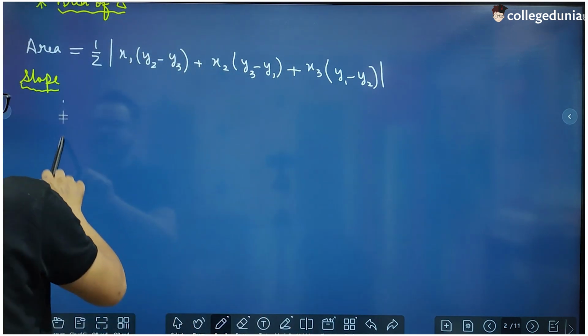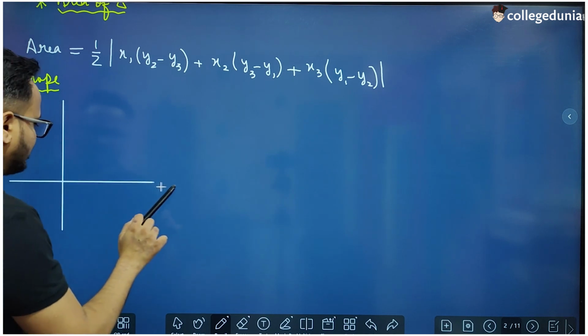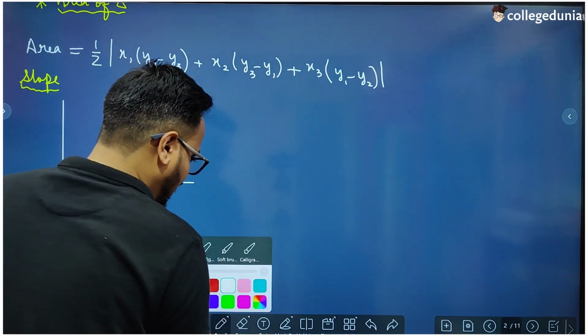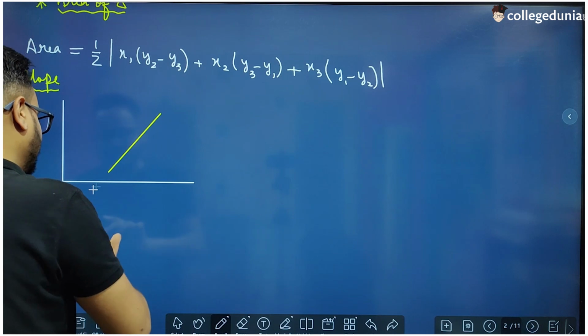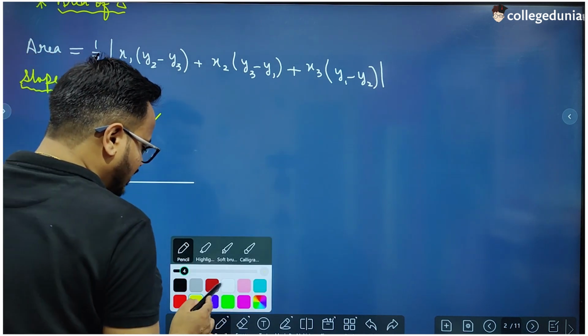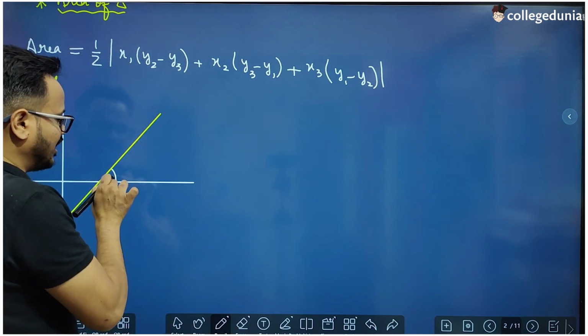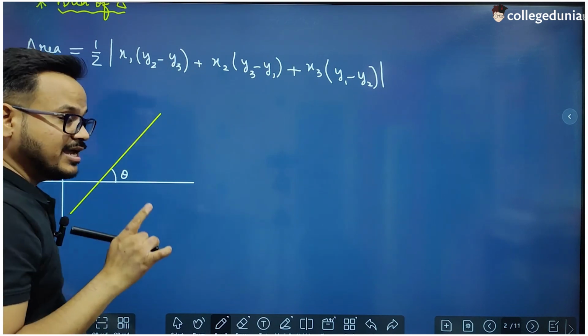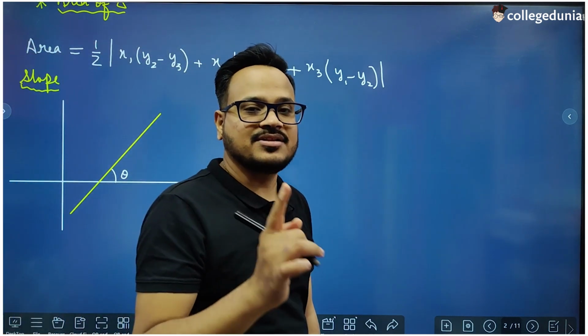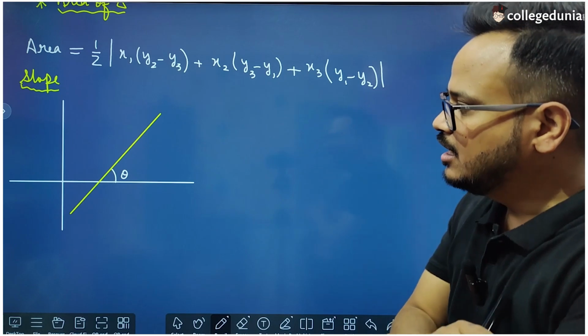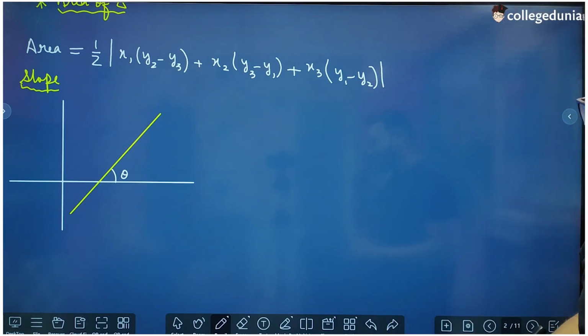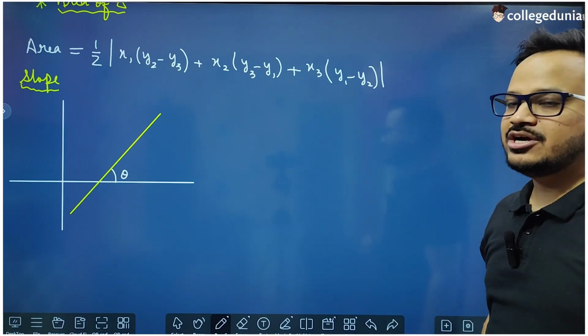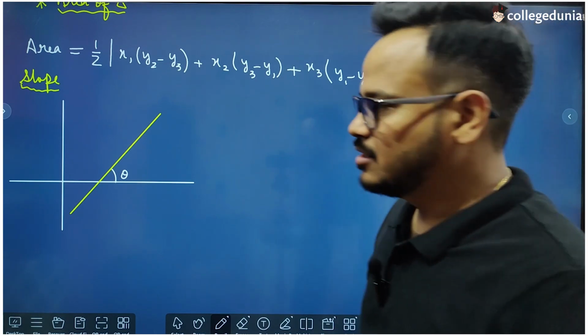Let's first make x and y axis. This is y axis and this is x axis, and we have a line which is like this, and this line is making an angle theta. This is important: this line is making an angle theta with the positive direction of x axis as measured in anti-clockwise sense, right?